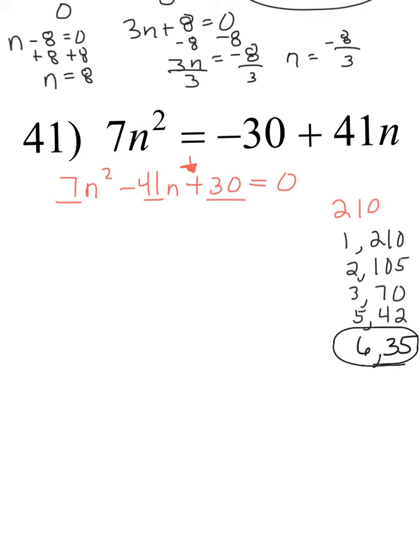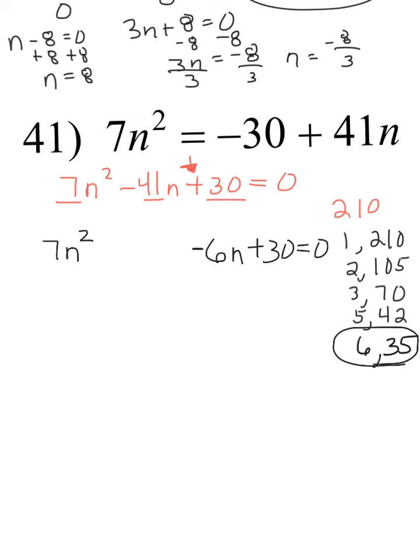So now we're going to use these two numbers and rewrite our equation, again keeping the first term, and we're going to keep the last term, and we still have all of that equal to 0. We're going to take our 6 and our 35 and line them up with the numbers that we currently have. So 6 and 7 don't have anything in common, so we're going to put the 6n with the 30n, and we have to have a negative with that because they are going to create a negative 41.